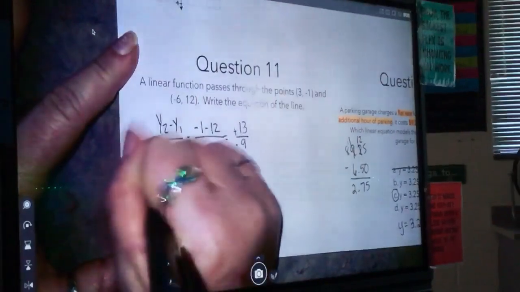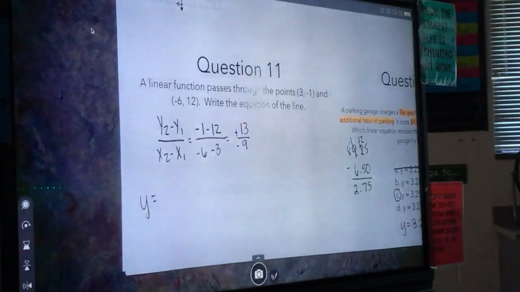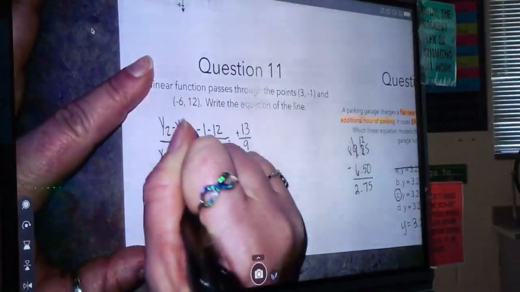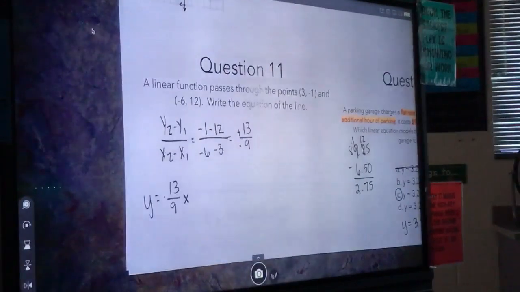All right. Now, I'm trying to essentially write this as an equation. I know my slope is negative 13 over 9 x. I have to now find out my y-intercept. How do I do that? How do we do it on the other question earlier? We use the table, but obviously we don't have a table.